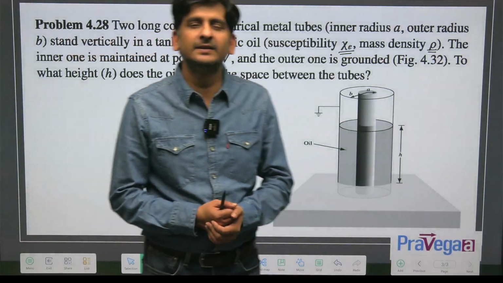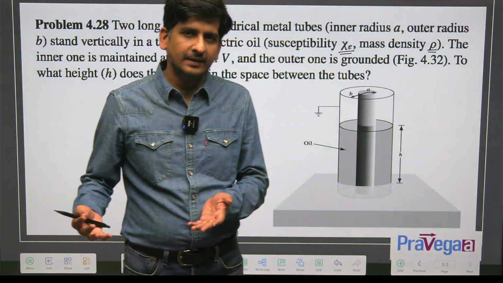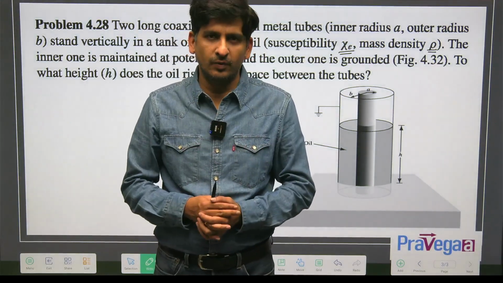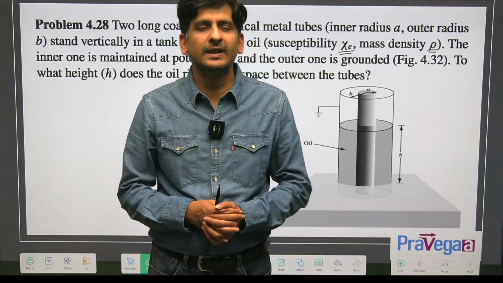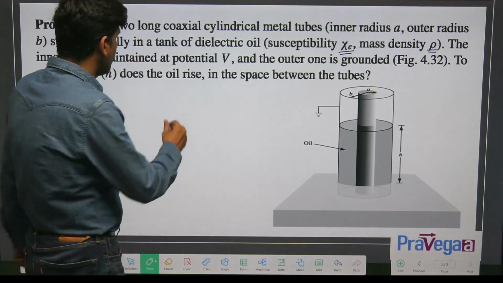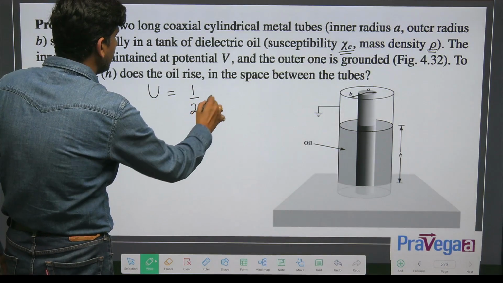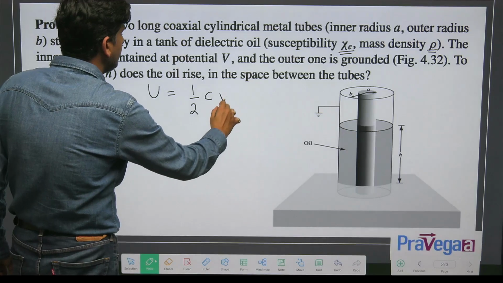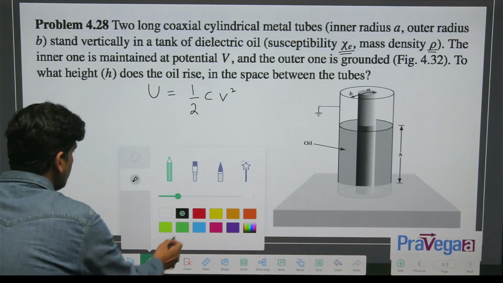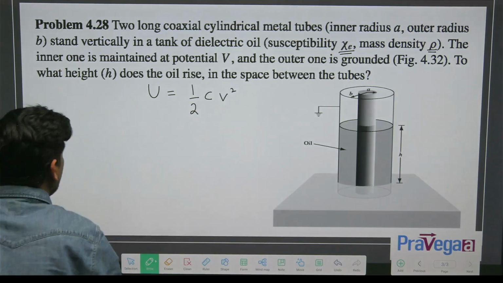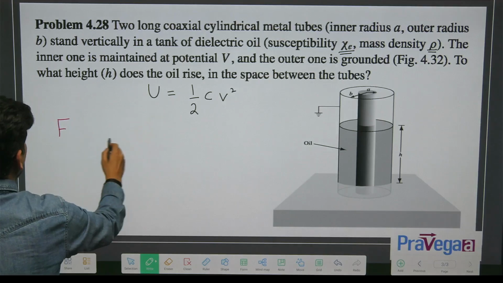So students, this is a question where the dielectric is sucked into vacuum by force, and that force is given by, you remember, the energy of a capacitor is half CV squared. I am just giving you a sense of it. The real derivation is a little complicated. So the force will be just the derivative of this.